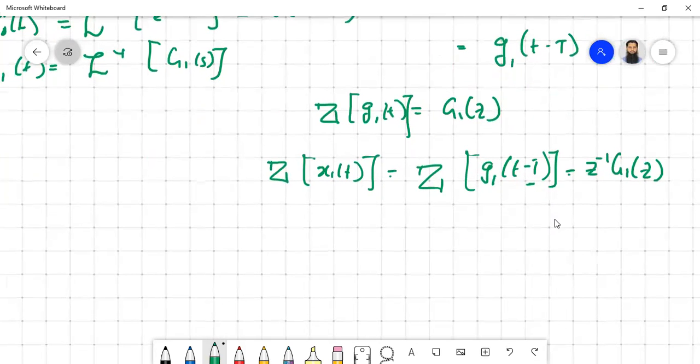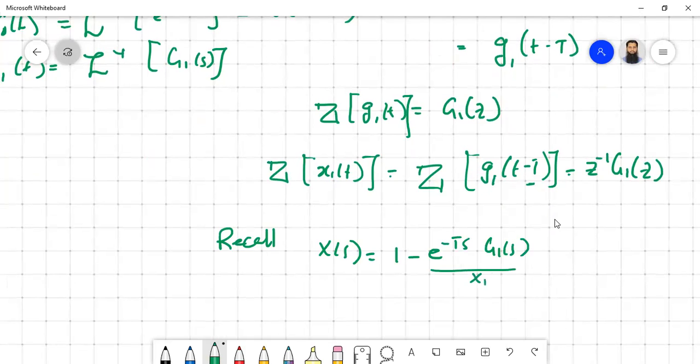So if we recall that X(s) is nothing but, what we initially assumed, X1 is e to the power minus Ts into G1(s), and we assumed that this one to be X1(s).